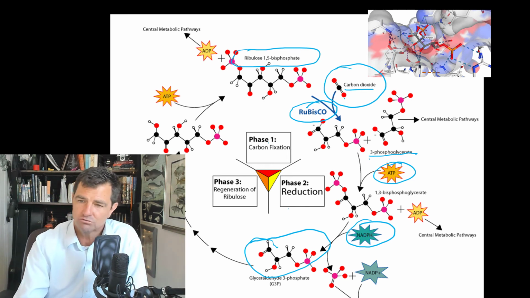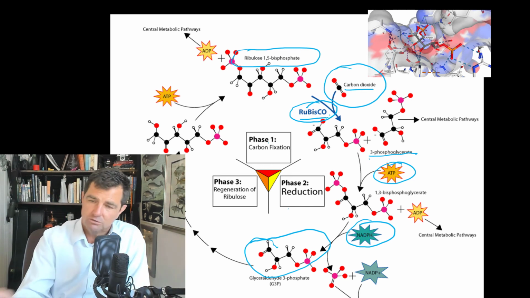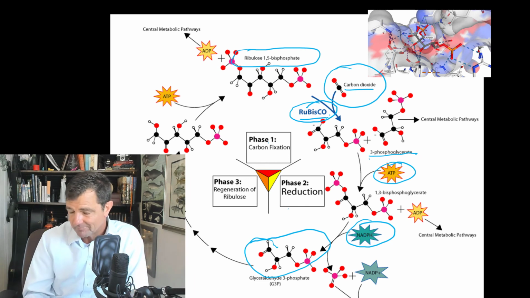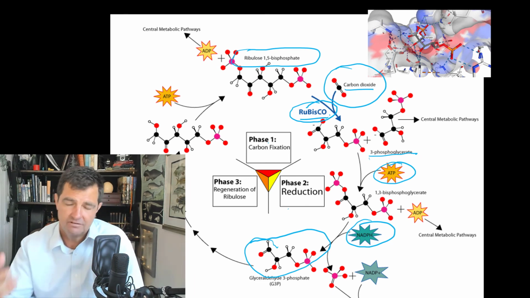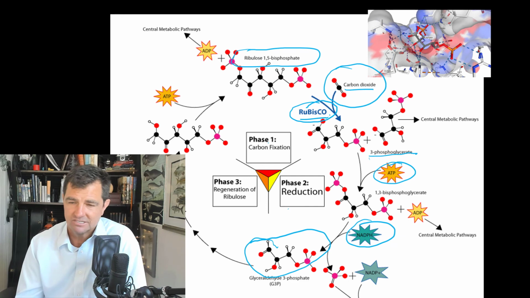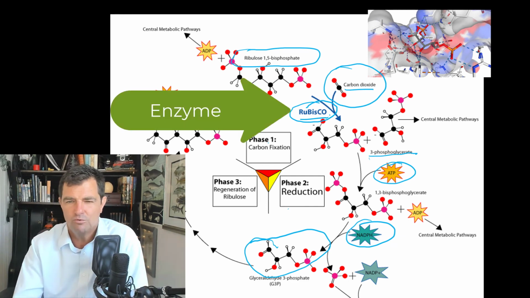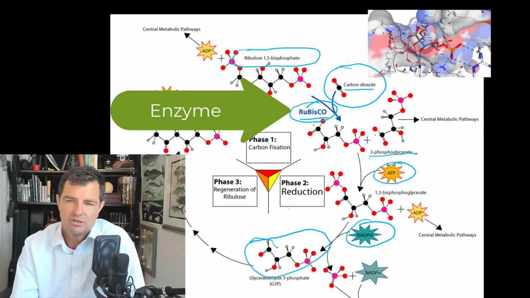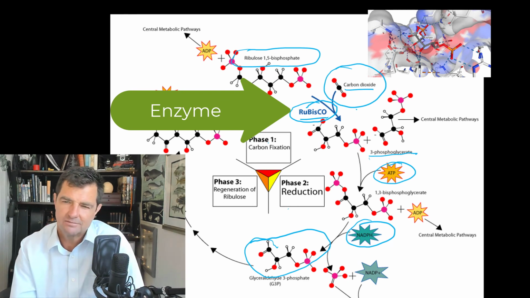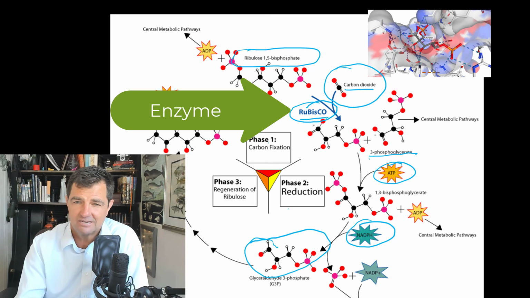Now, this Rubisco here, which is an important enzyme in the process of the light independent reactions of the Calvin cycle, doesn't sound very enzyme-like. We've talked about different enzymes like lactase, and all the enzymes we've seen so far are ending in ASE, right? And you've gotten used to that. Where's the ASE here?